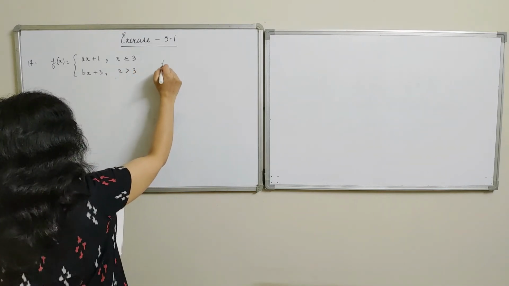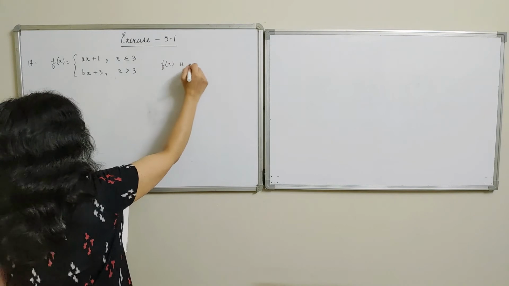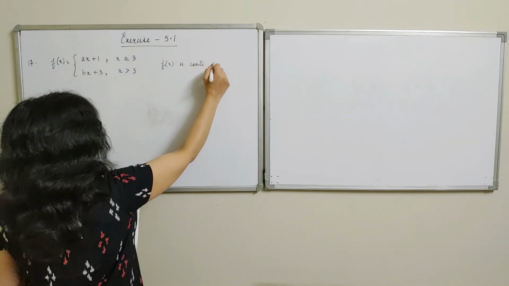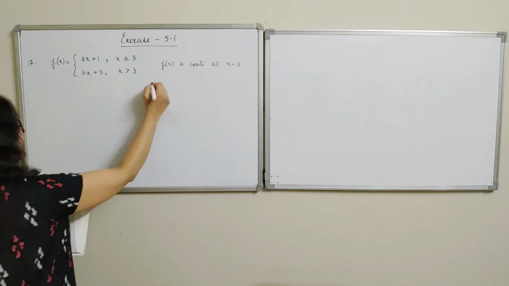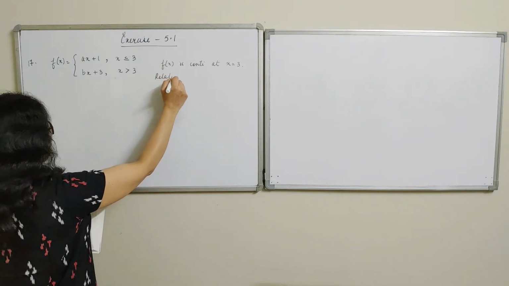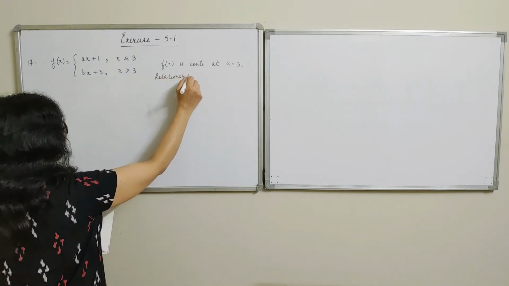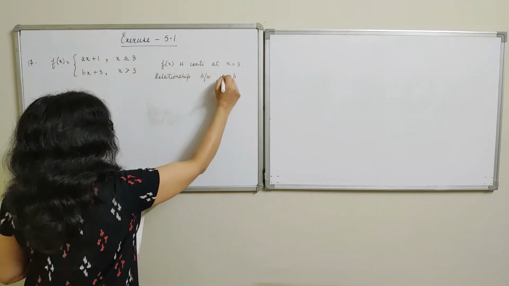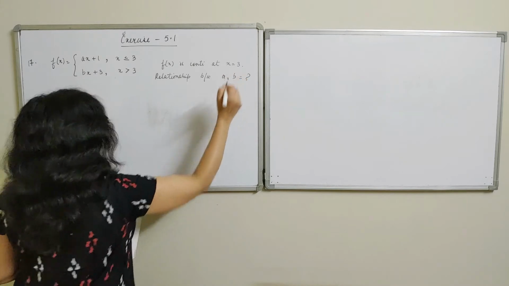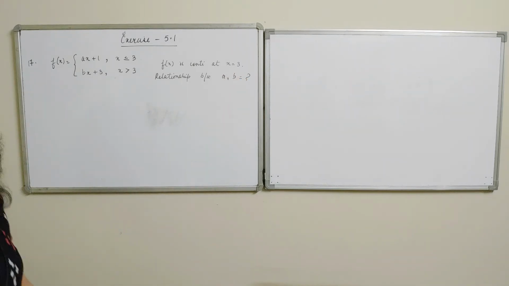We are given here that the function is continuous at x is equal to 3. So what are we finding out in the question? We are finding out here the relationship between a and b. So let's start with the question.